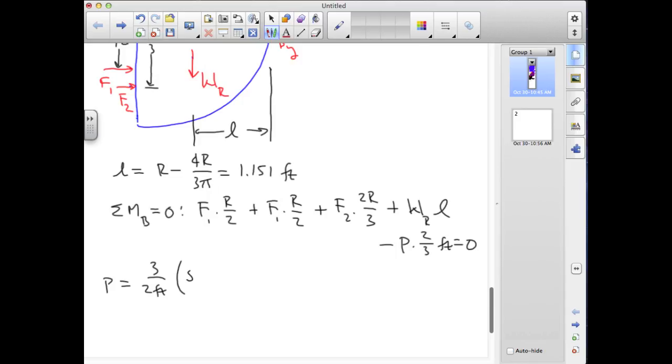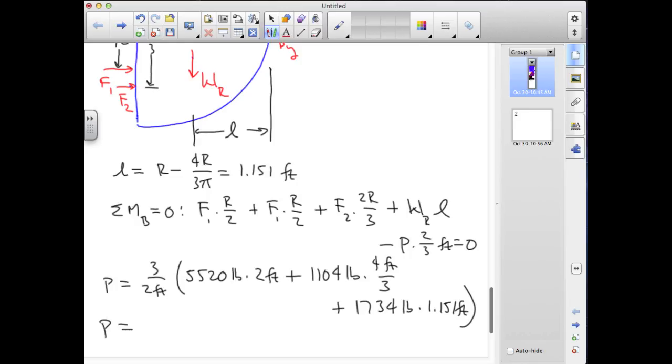That's 5520 pounds times 2 feet, plus F2 was 1104 pounds times 4 feet over 3, plus we had the weight of the retardant, 1734 pounds times 1.151 feet. And if we calculate all that out, we get a value for P that's equal to 21,760 pounds.